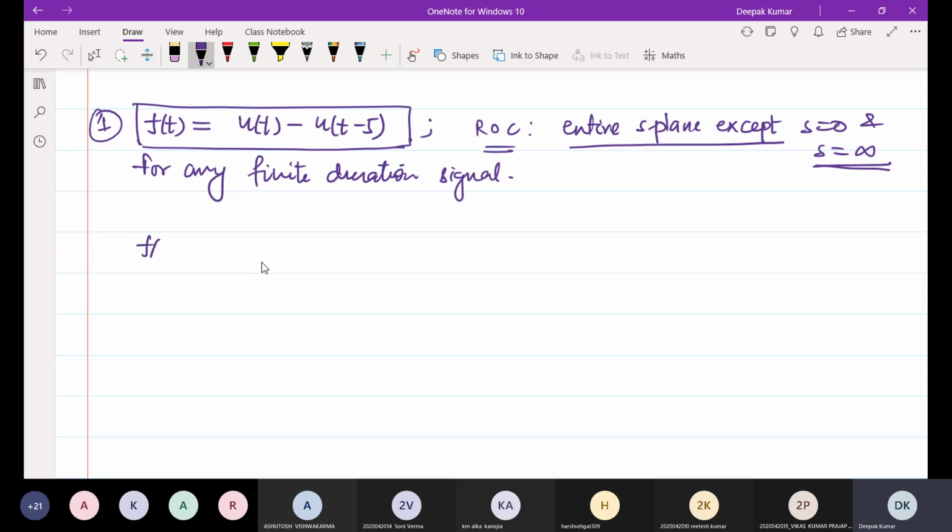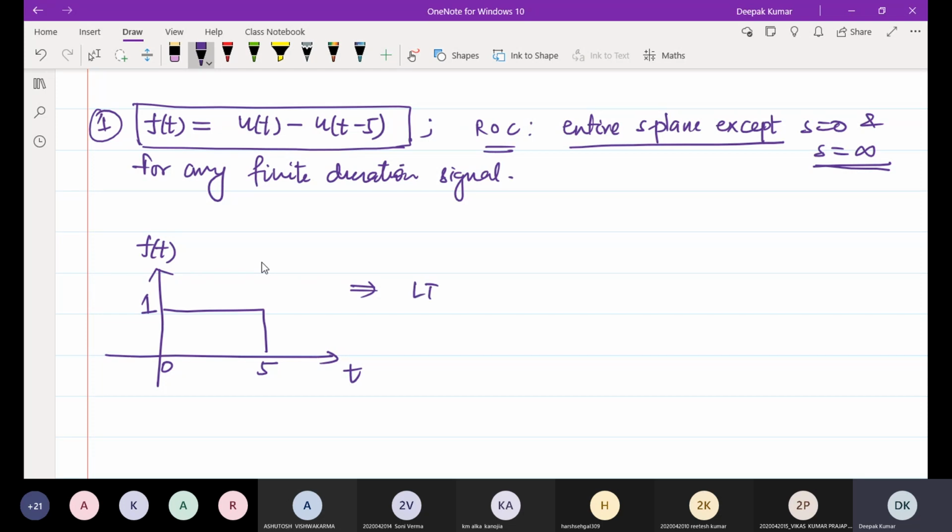See, x of t is equal to u of t minus u of t minus 5. So the plot, if you see function f of t, will look like this. Is this finite duration? Yes, it is a finite duration signal. So now try to find the Laplace transform as well as the region of convergence.